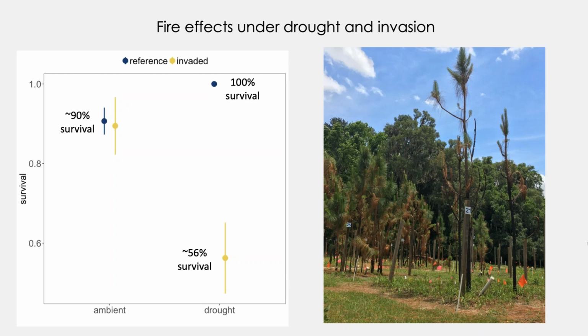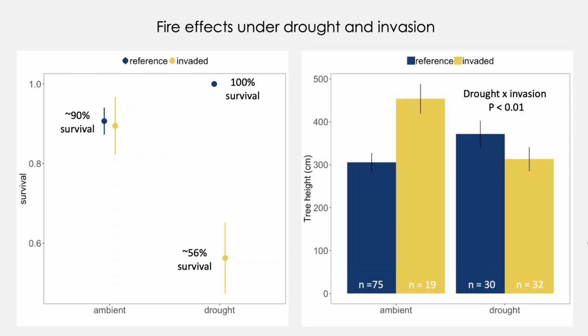The reason why we think this occurred is that tree height plays a significant factor in whether or not a longleaf tree can survive fire, because of the potential damage to its apical meristem and other factors. The tree heights were very different due to both the invasion and the drought treatment.